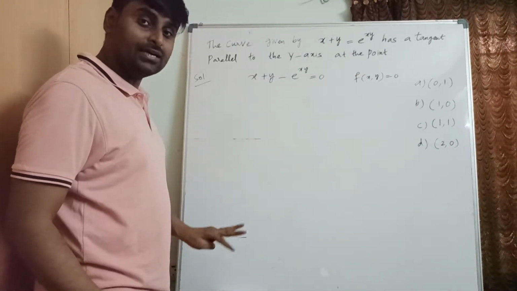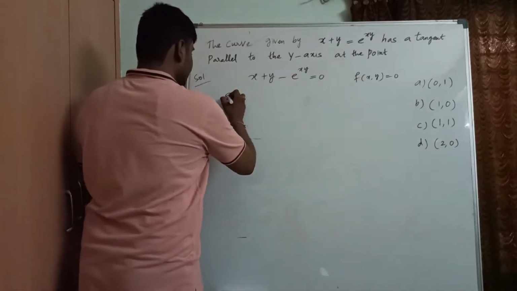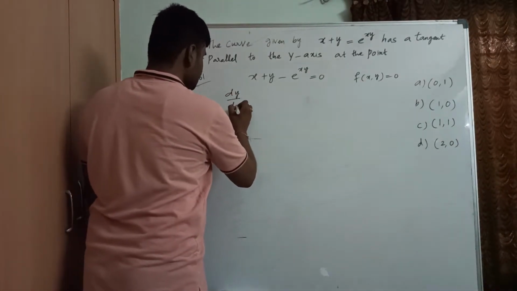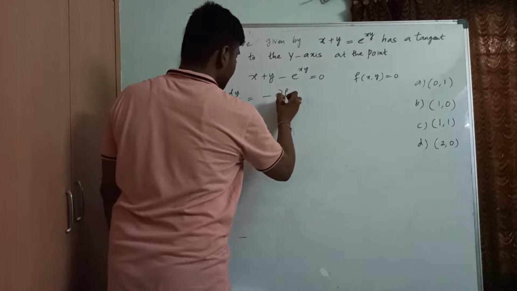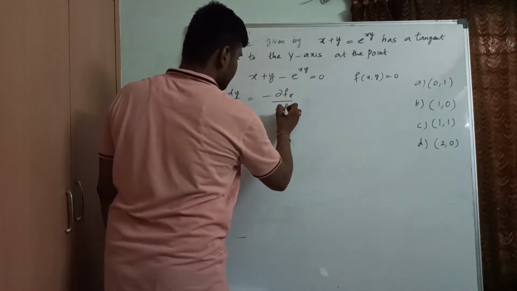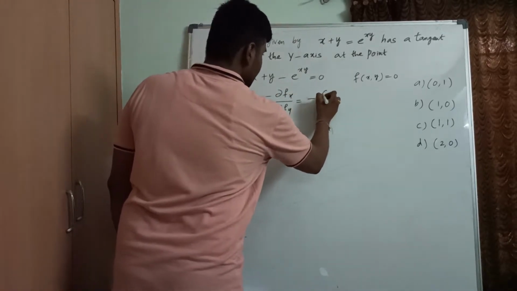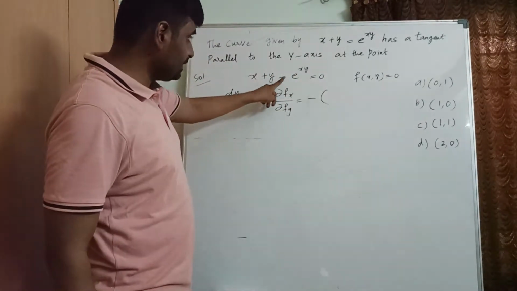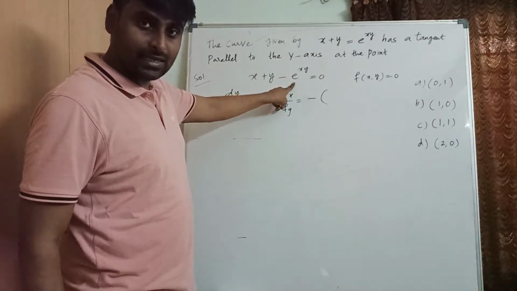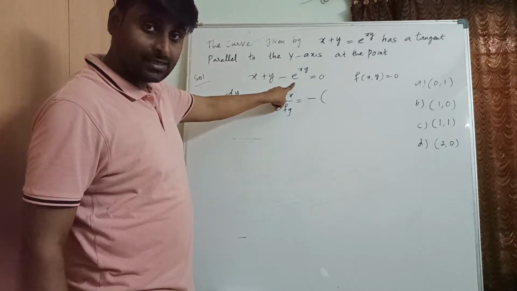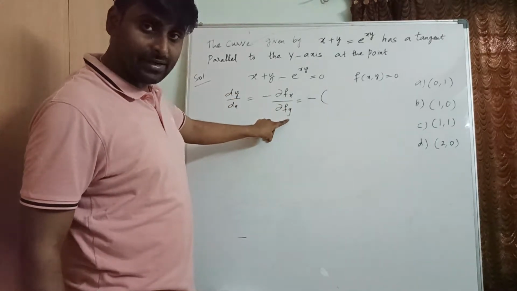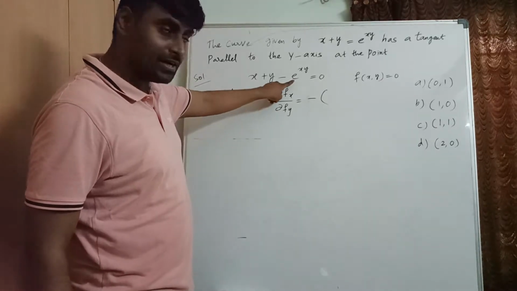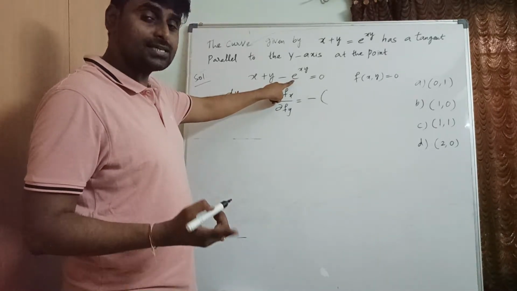Directly by using the shortcut. See, dy by dx equals minus dou f by dou x divided by dou f by dou y. Whenever you derive that function with respect to x, treat y as constant. Whenever you derive with respect to y for the same function, treat x as constant.